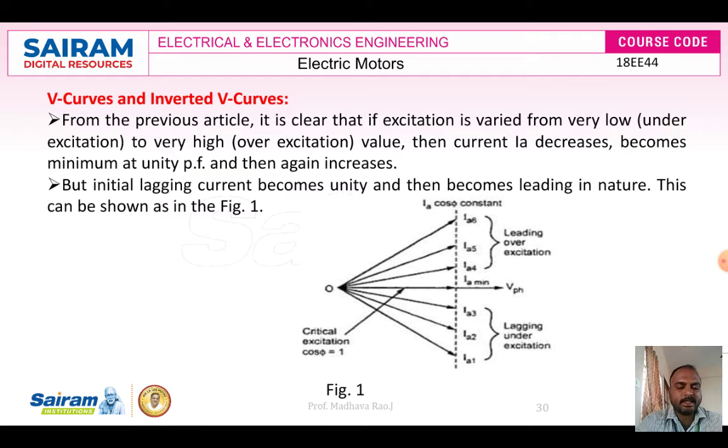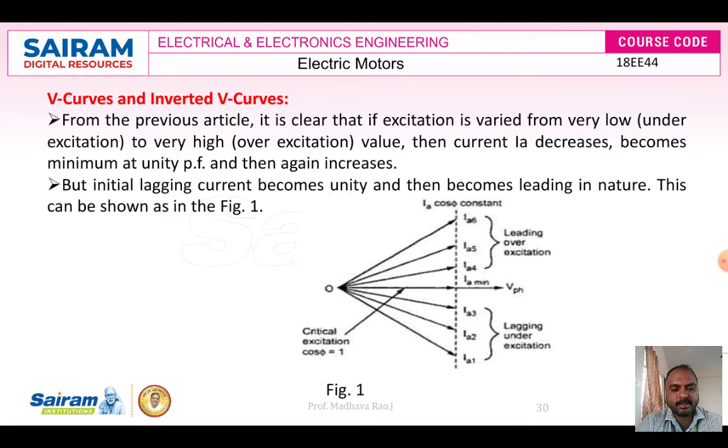Initially the current will be lagging in nature, then the power factor will be equal to unity. So, based on the excitation, we can increase or decrease the induced EMF.